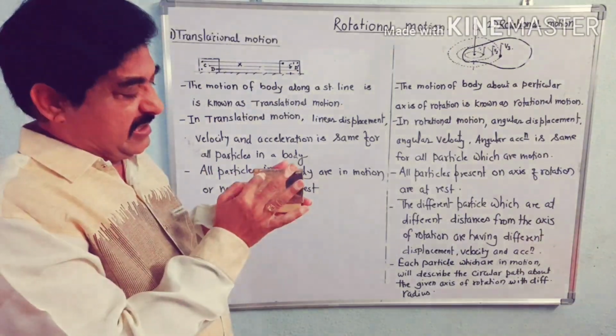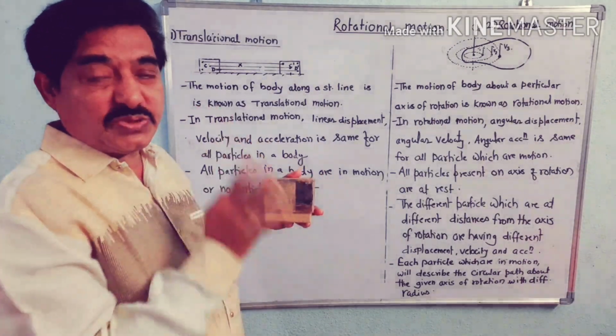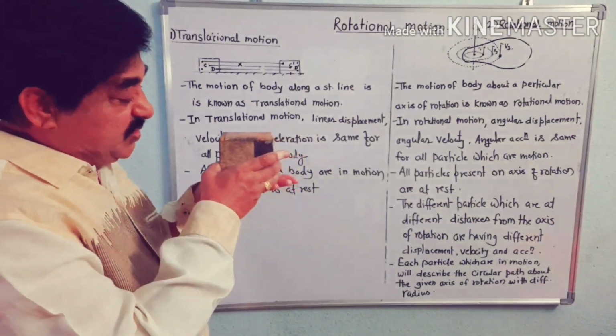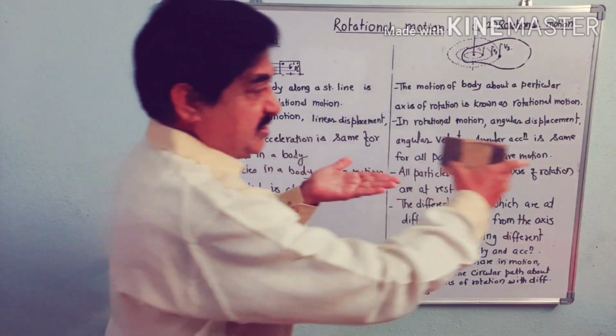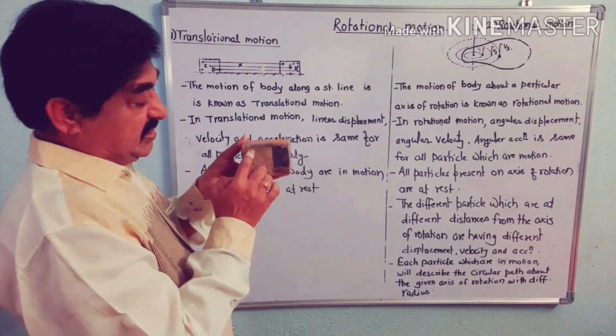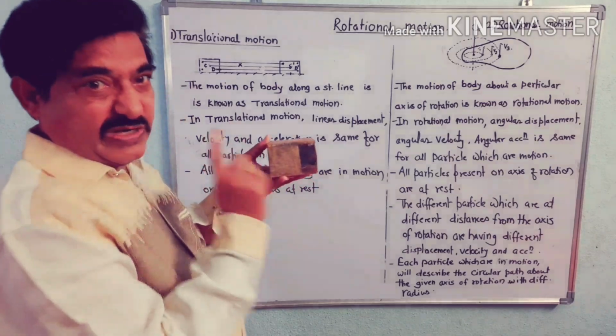Let us suppose there are different particles A, B, C, D, E, and so on. When this body displaces from one position to another position, displacement between this particle, this particle, this particle, and this particle is one and the same.